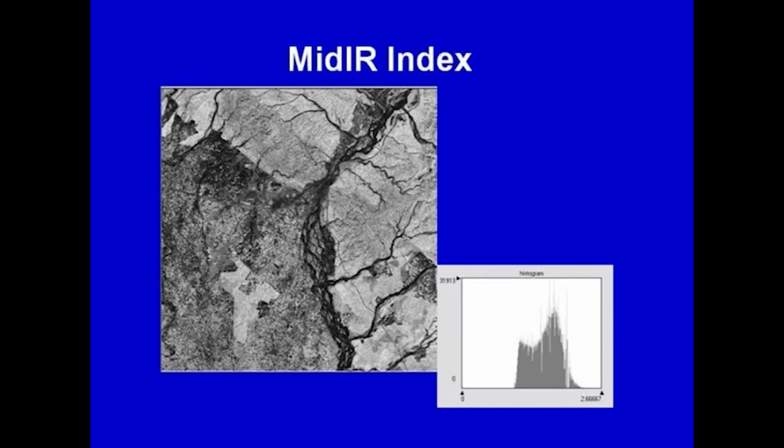Here we see the MIR index image, and what we can see is that in the vegetation domains, there is a distinct level of information representation, wherein the gaps in the soil within the forest regions or heavy vegetation regions have been very clearly highlighted.